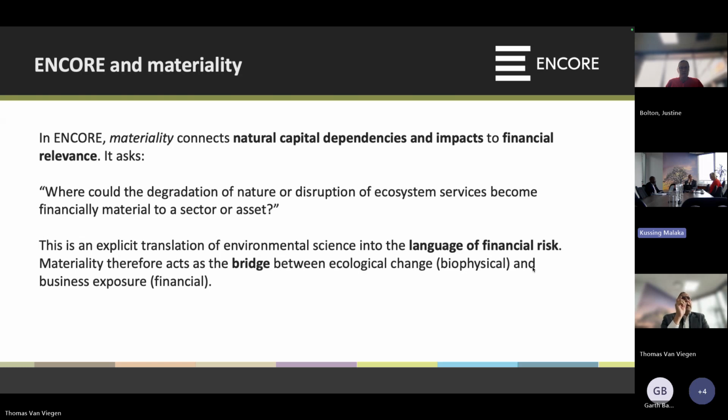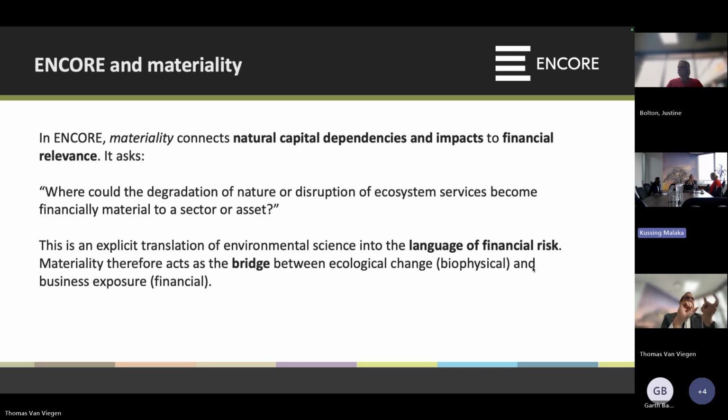And I think this is a narrative that we've been harping on, I would say, since 2018, since Encore was launched. It was a very difficult application of trying to translate science-based and nature-related language into financial language, particularly in the finance sector in which we largely operated at that point in time.